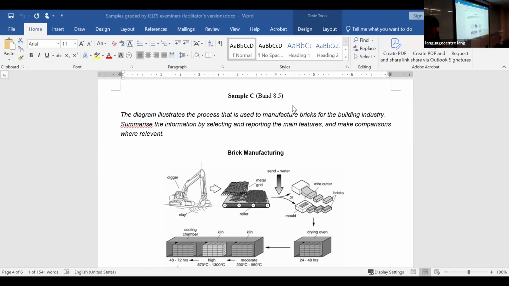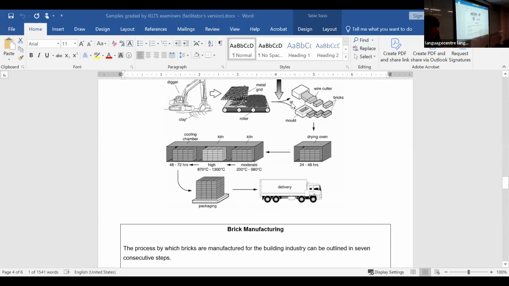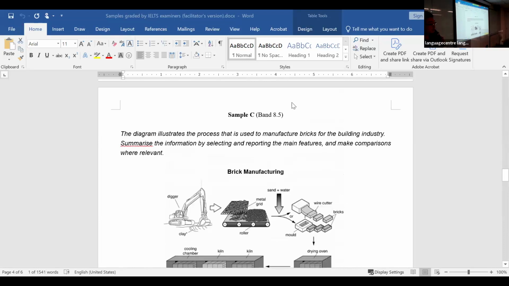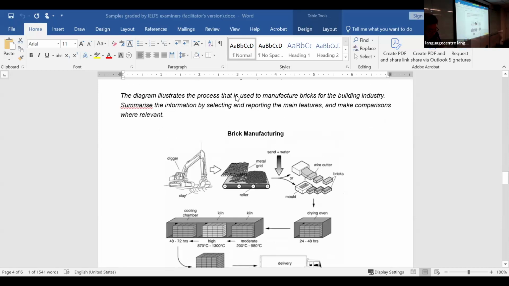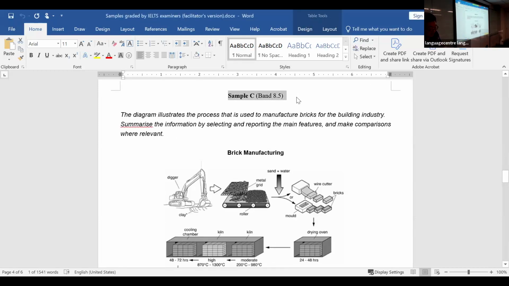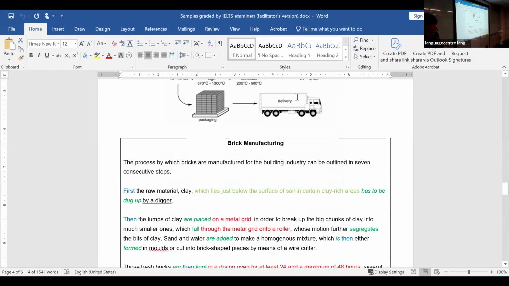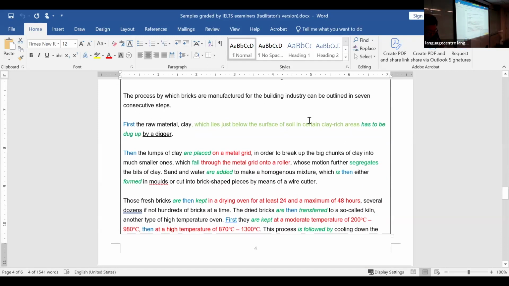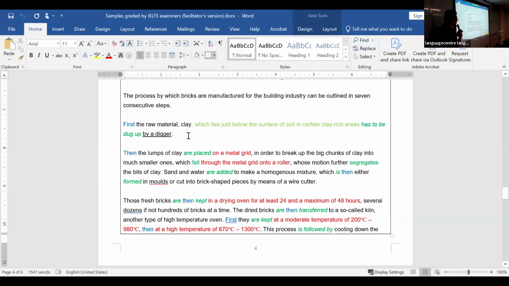It's about brick manufacturing. If you compare sample C with sample B, sample C shows a wider variety of language features, as you can see from my annotations here. You can see I'm using different colors to denote different language features.